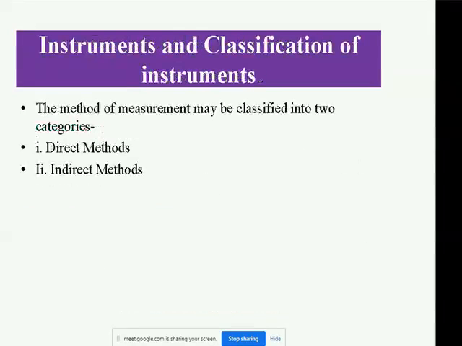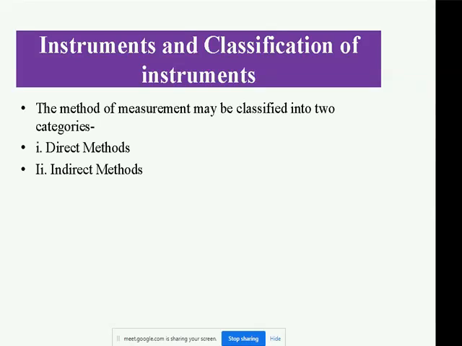Okay. And for the method of measurement, we have two types: one is the direct method, another is the indirect method. The direct method means the measurement that is performed with the help of some instruments and with human effort.